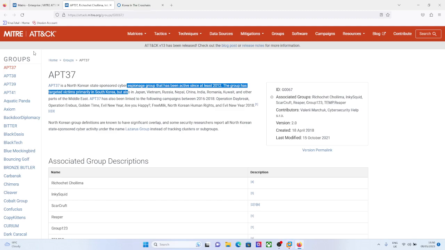For example, currently we don't know about the Western governments' or their agencies' TTPs.